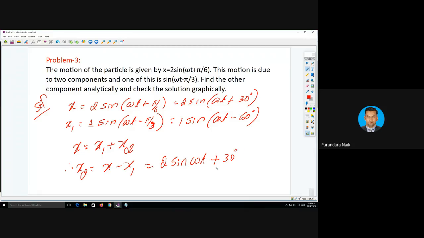Take 30 degree only, because keep it in degree mode and solve it. Otherwise, it will be very difficult to substitute pi by 6, pi by 3 every time, right? So that's why I have converted that into degrees. Okay, you can keep it in the radians and keep the calculator in radian mode and can solve, no problem. No issue. Next, sine omega t minus 60 degree.